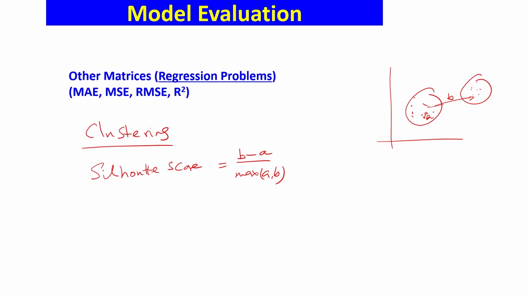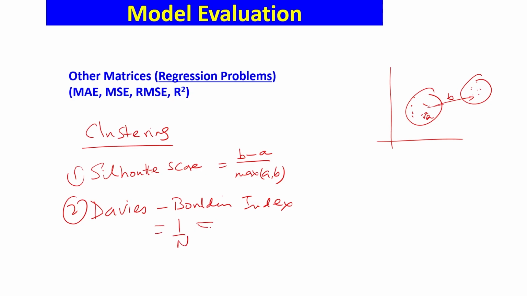You can also use another parameter called the Davies-Bouldin index. This basically talks about the average similarity between two clusters, and it is written like this: 1 by n, summation over i from 1 to n, maximum over j not equal to i, of sigma i plus sigma j divided by d of ci cj.